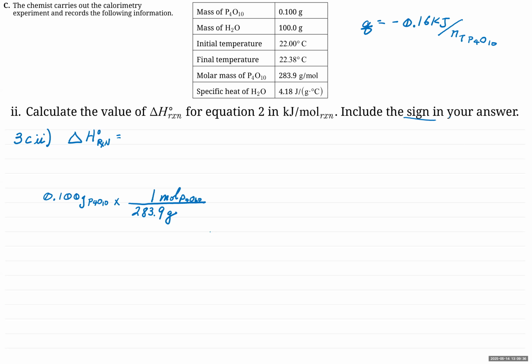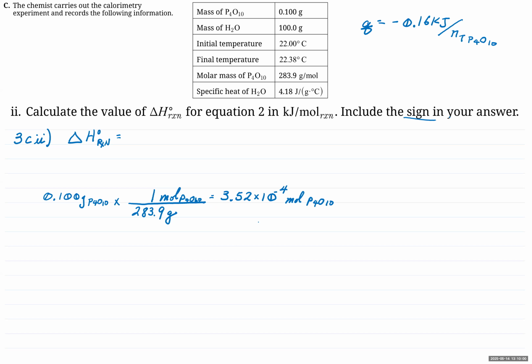So that gives us moles of P4O10, and I think I calculated that value. It should be 3.52 times 10 to the minus 4 moles of P4O10. All right, so what does that mean?